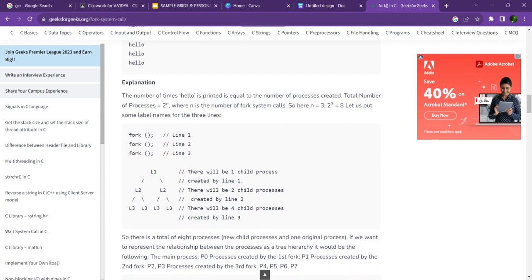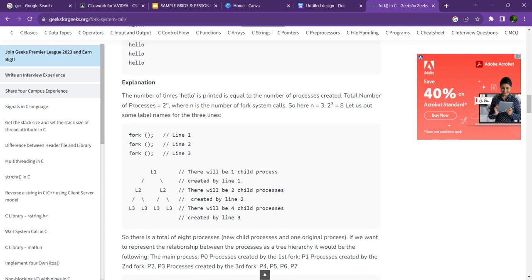The number of times hello is printed is equal to the number of processes created. Total number of processes is equal to 2 to the power n. This is a standard formula which we have to remember throughout the course of operating systems. The number of processes created will always be equal to 2 to the power n, where n denotes the number of fork system calls.